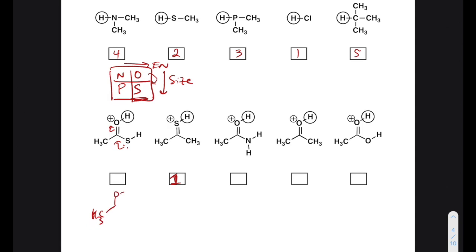And we can do the same for every other case where there is a resonance form that further stabilizes this positive charge. When we arrive at the case second to the right, where this atom is carbon, there is no lone pair, so there is no further stabilization. This leaves this positively charged oxygen very unstable, hence acidic. It's going to be our number 2.